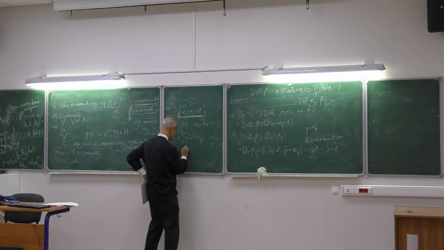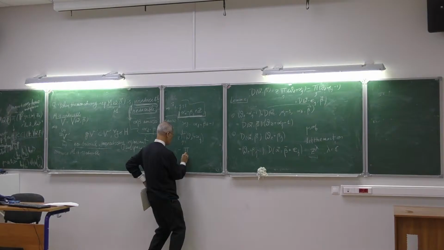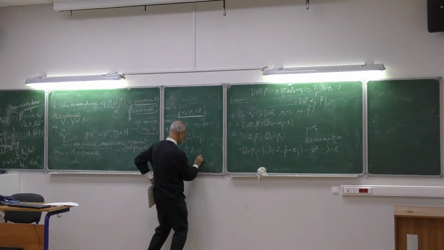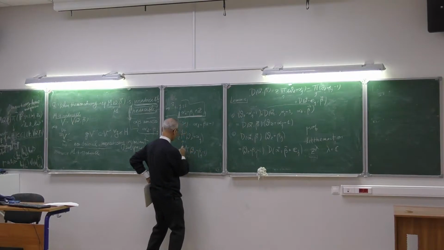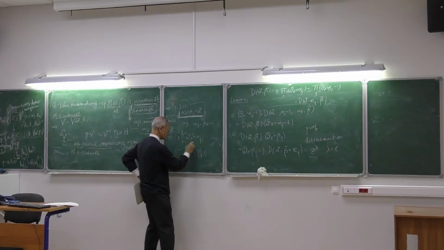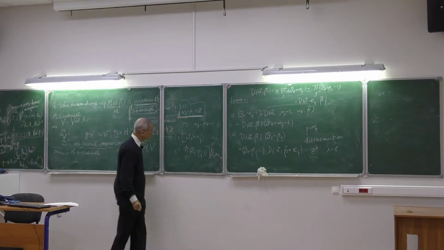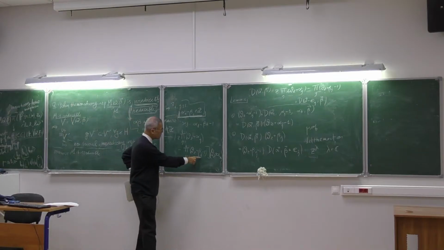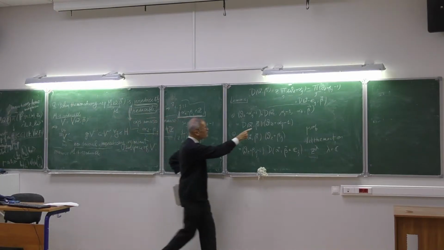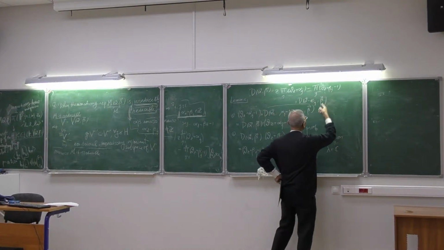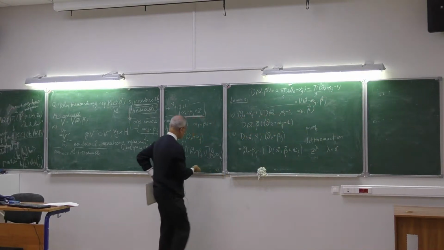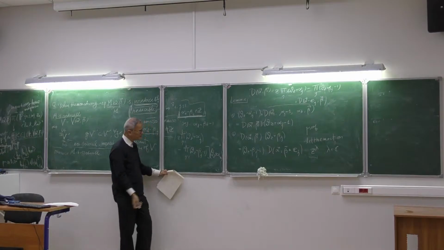Product over j equals 1 to k minus 1 of theta z plus beta j minus 1, times theta z plus alpha k. So theta z plus beta k minus 1, yeah, it is the same operator at the end. So it factors from the right.